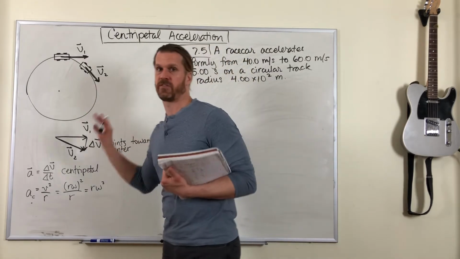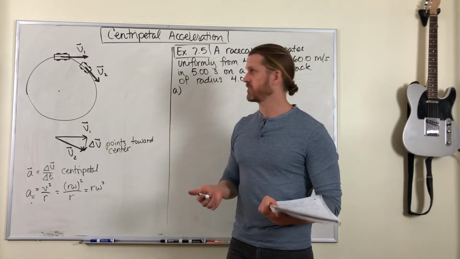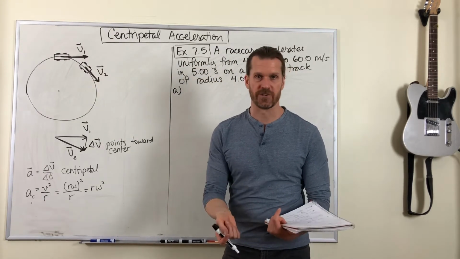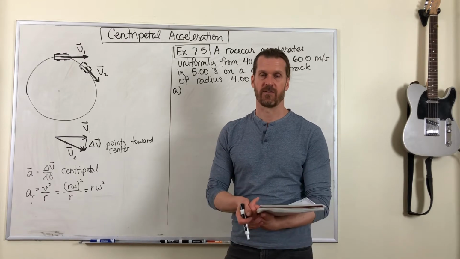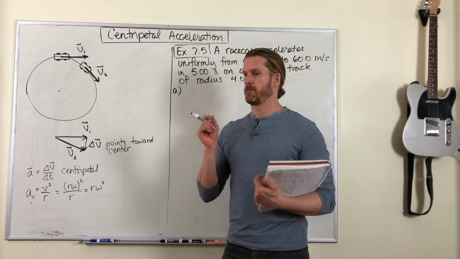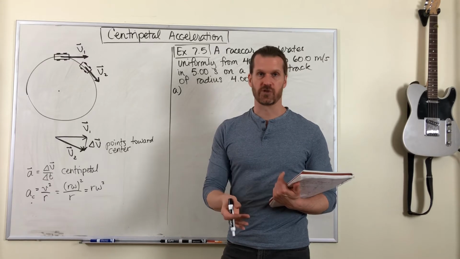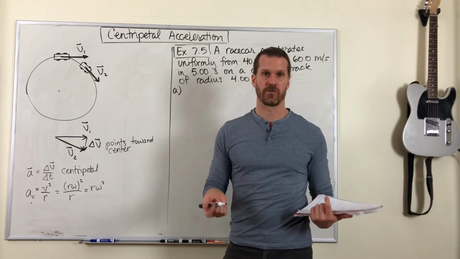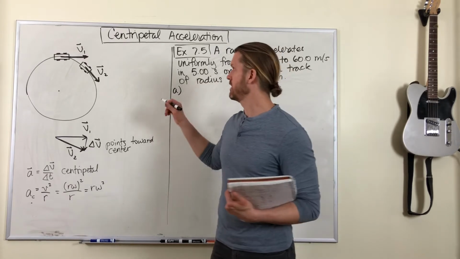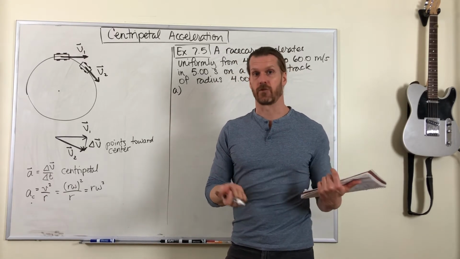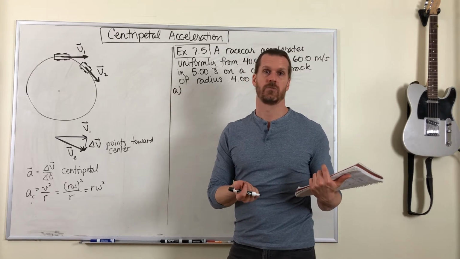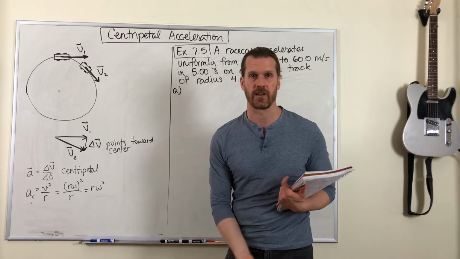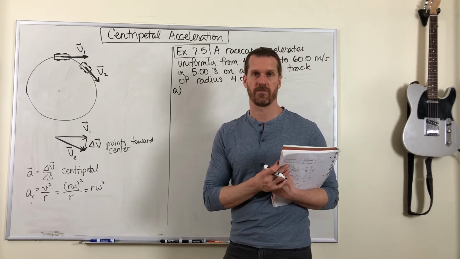So just to sum up these ideas once more, when you have an object that's traveling in a circular path, or you're looking at a point on a rigid object that's moving in a circular path, there is tangential velocity that's tangent to the circle. There is tangential acceleration that's telling you how the speed changes, whether it's speeding up or slowing down or staying at a constant speed going around that circular path.